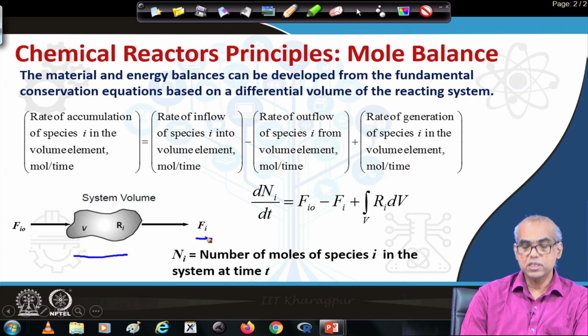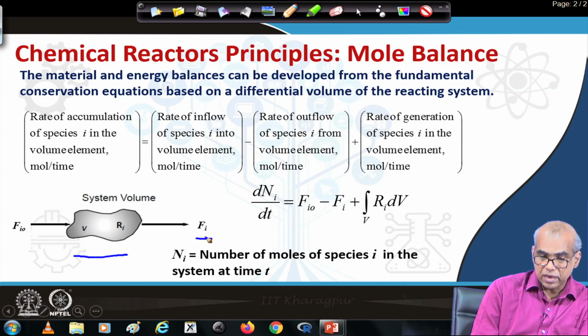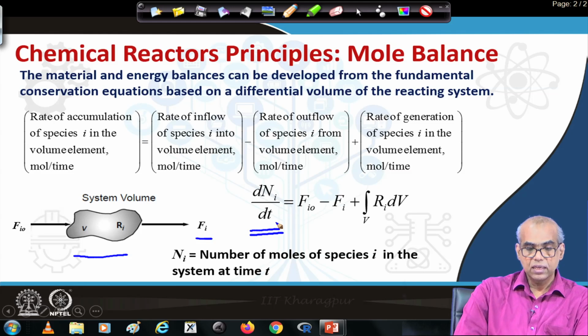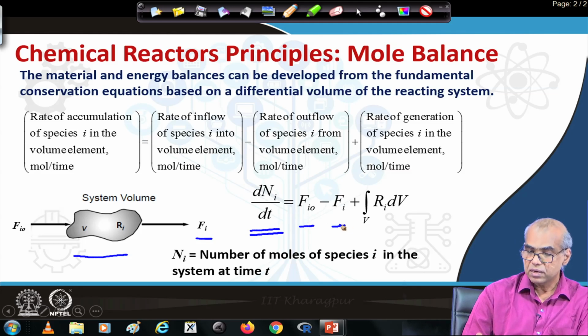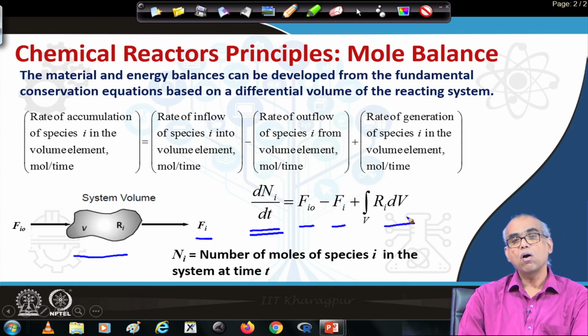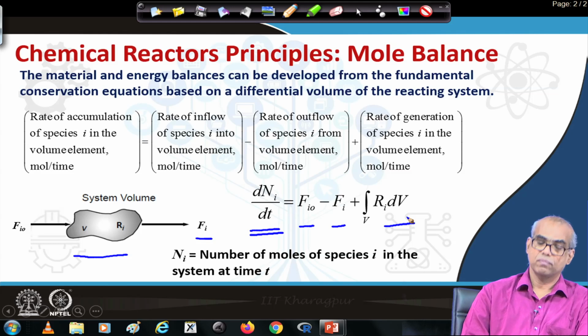So, I can write down the mass balance equation, which is rate of accumulation of species i in the volume element in unit of mole per time, dNi/dt, will be equal to rate of inflow of species minus rate of outflow of species plus rate of generation of species i in the volume element, all in unit of mole per time.